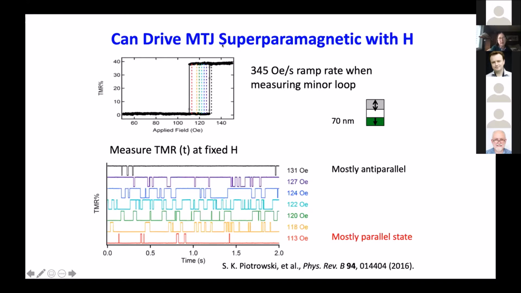But if you sit at a particular field and measure the resistance as a function of time in this apparently hysteretic region, what you see is that it's actually fluctuating stochastically. And at 130 Oersteds, it's mostly in the anti-parallel state, and down at 113 Oersteds, it's mostly in the parallel state. And you can tune this with small changes in an applied magnetic field.